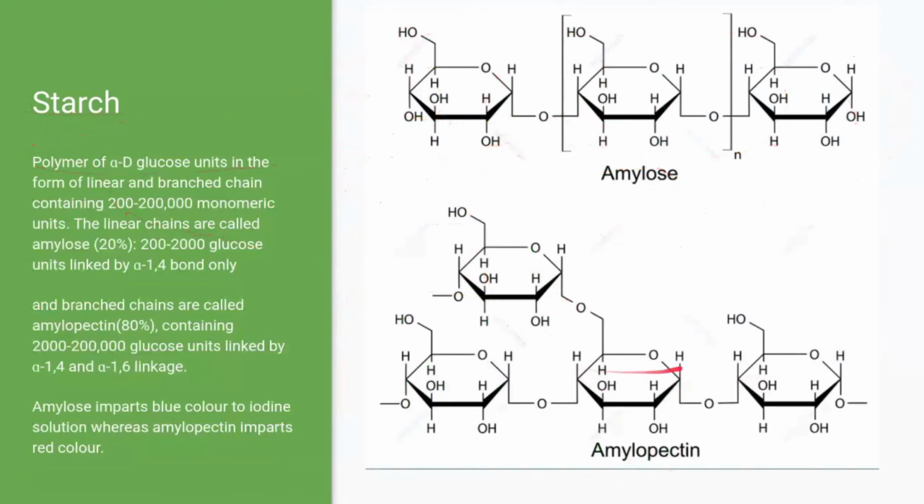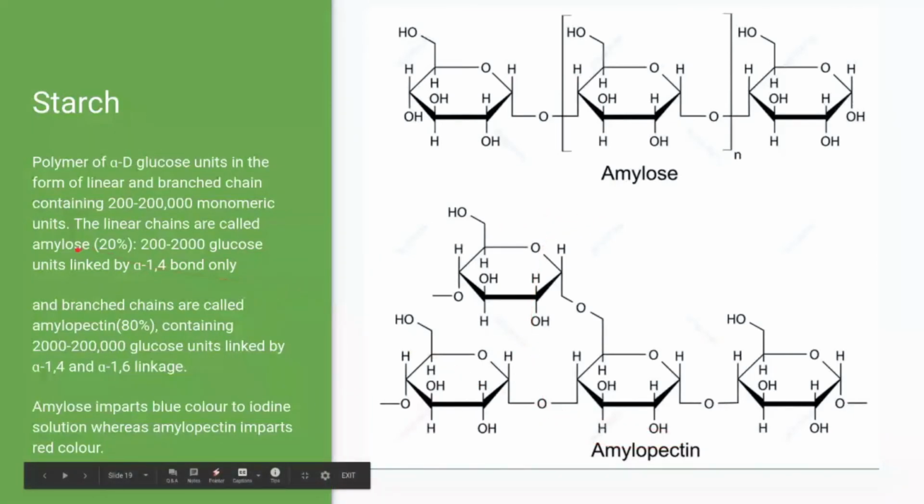Starch has two types of chains: amylose, which is 1,4 linkage, and amylopectin, 1,6 linkage, and then 1,4. So the linear chains are called amylose. These are branched, and linear chains are 20%, and the branch chains are 80%.